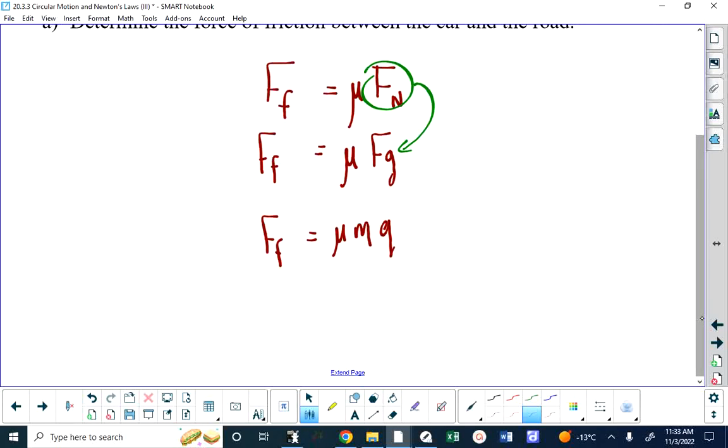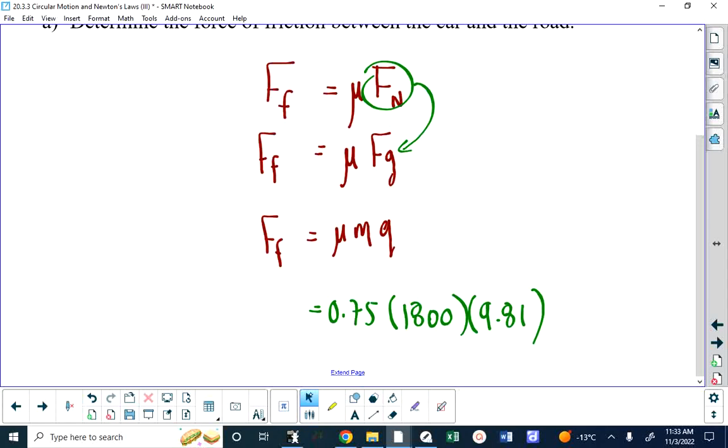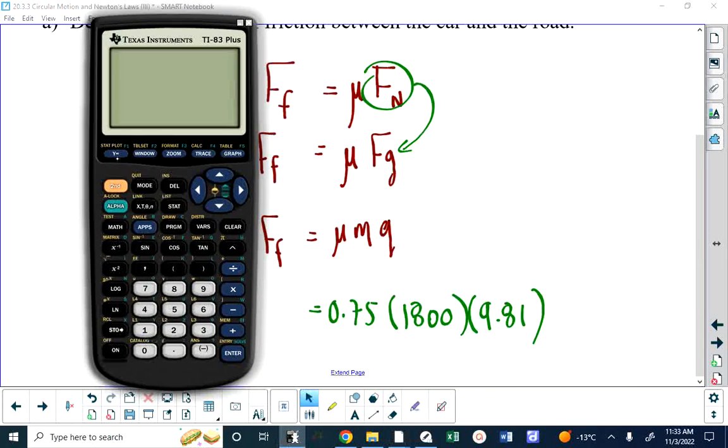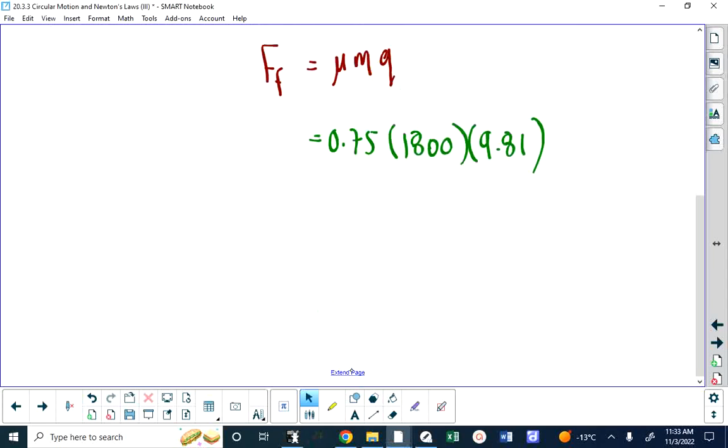This is mu, 0.75, times 1800, times 9.81, which gives me 13,243 newtons.